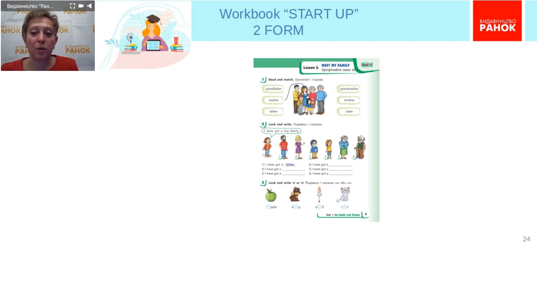Project work is also a part of integrated learning, because we need to combine different types of activities, different skills, lots of preparation, and this is how it works, and then to demonstrate the result.